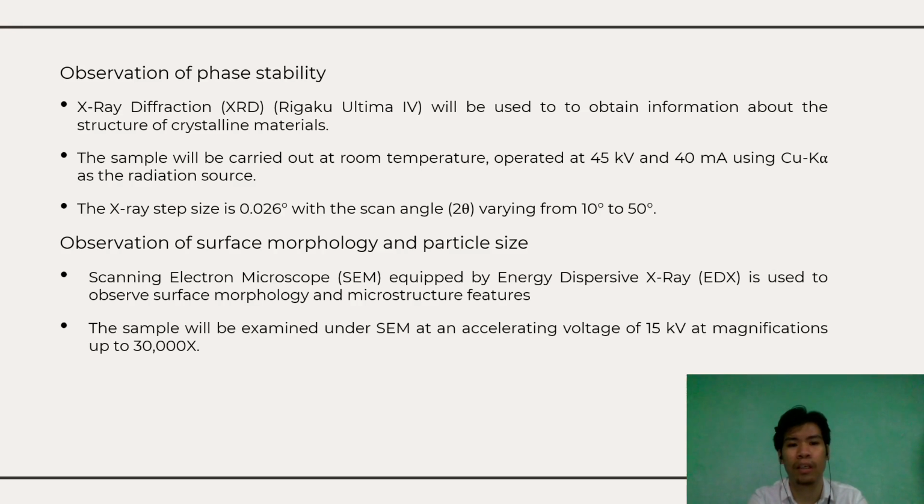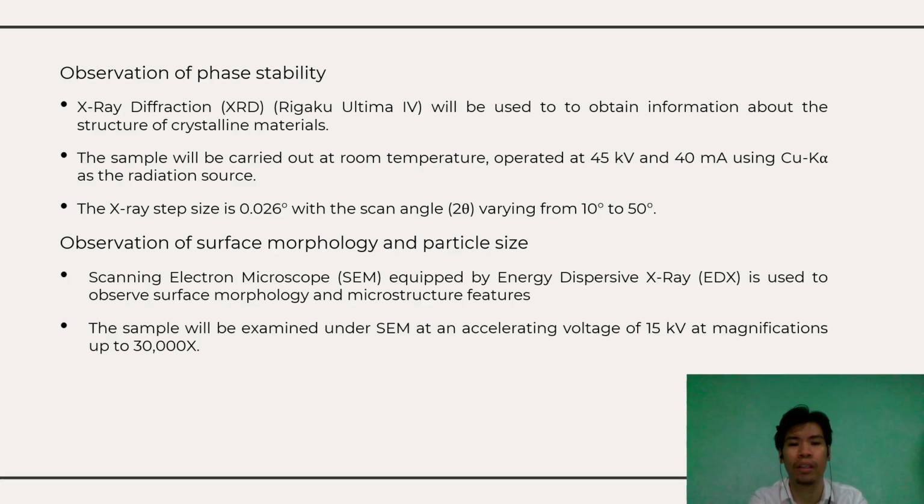The sample will be carried out at room temperature, operated at 45 kV and 40 mA, using copper K alpha as the radiation source. The X-ray step size is 0.026 degree, with the scan angle 2 theta varying from 10 degree to 50 degree.